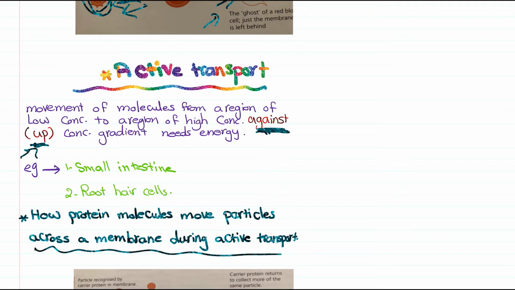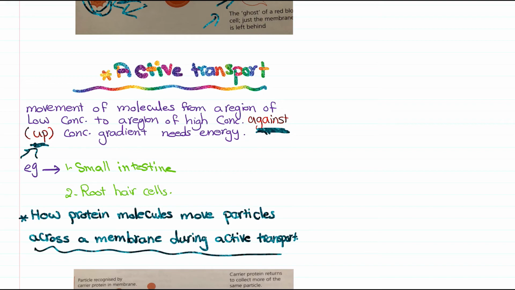Are there any examples? Yes, actually we have, in the case of human beings, the small intestine. In the small intestine, after digestion, we have a high concentration of glucose and amino acids. At the beginning, they diffuse by the help of diffusion from higher concentration to lower concentration. But by the time the concentration decreases because they move to the bloodstream, now the concentration in the blood becomes more than inside the small intestine.